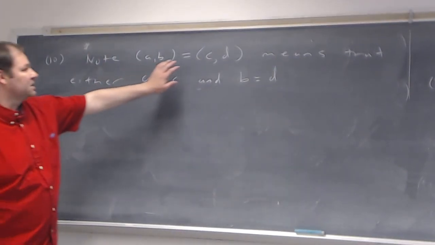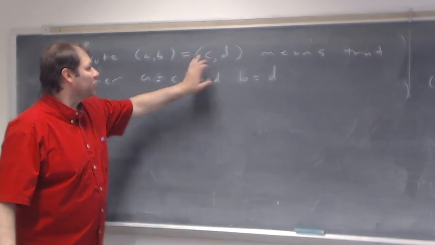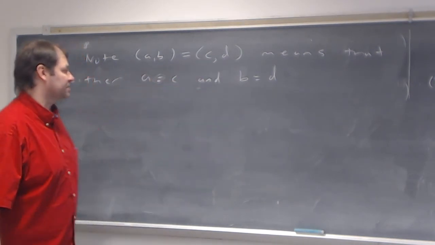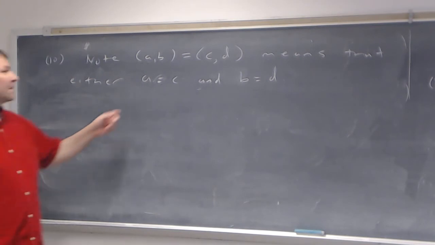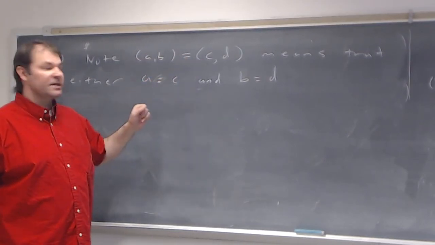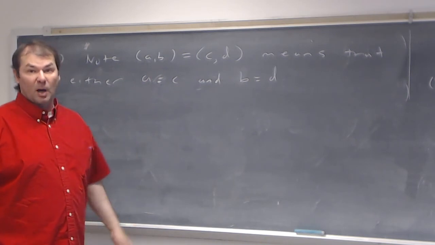So for two complex numbers to be the same, their first coordinates have to be the same and their second coordinates have to be the same. That's what we're saying. So for them to be different, either the first coordinates are different or their second coordinates are different, or both are happening.